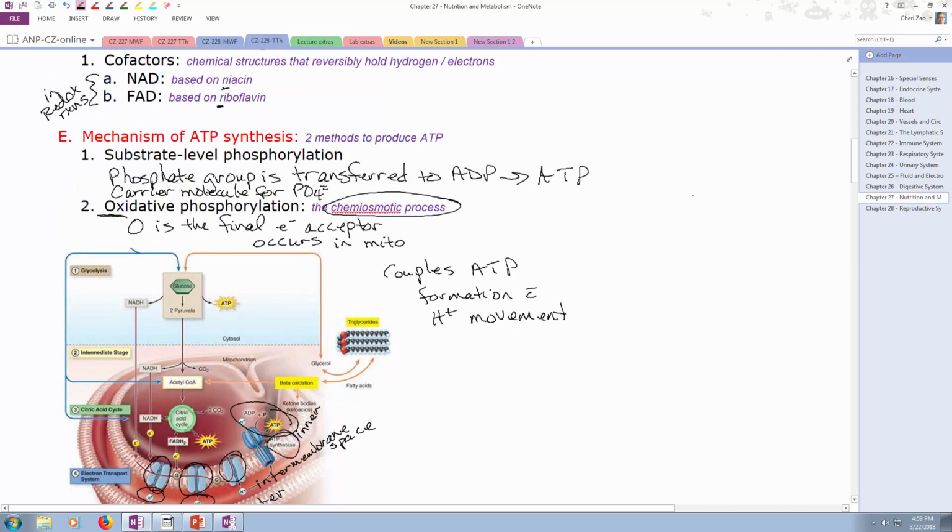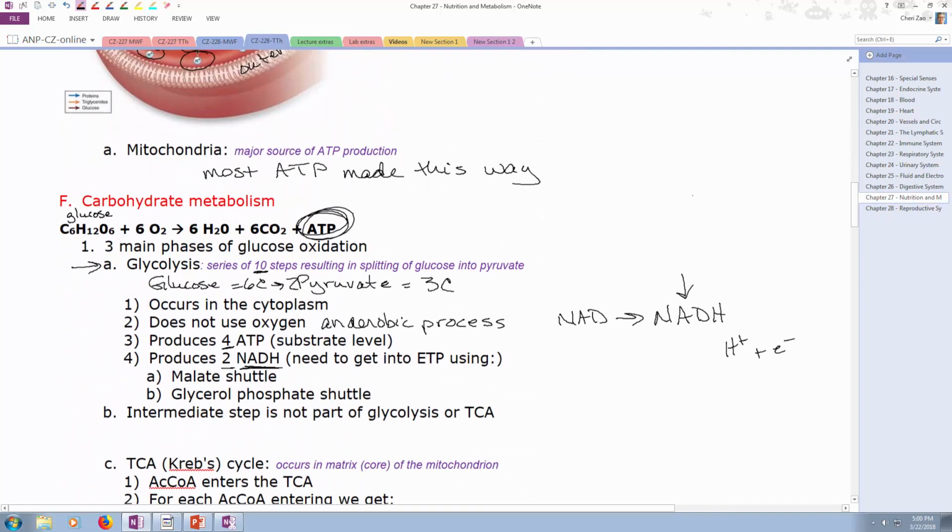It's the reduced form of that molecule. So this is reduced, and so therefore what must the other be? Oxidized. And that's what's going to happen. NAD can carry protons and electrons. When it carries protons and electrons, it's reduced, and when it gives them up, it's oxidized. That's why they call them redox reactions, one or the other on either side of that arrow.